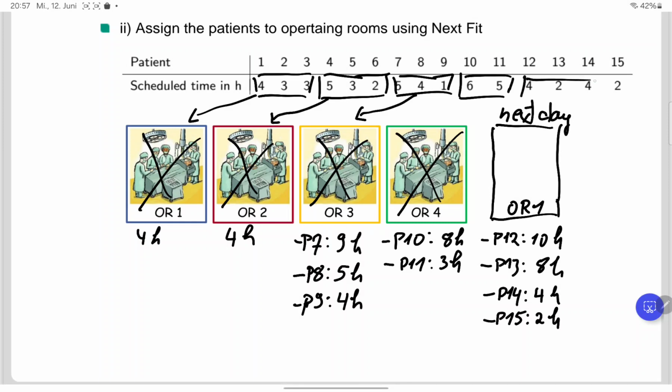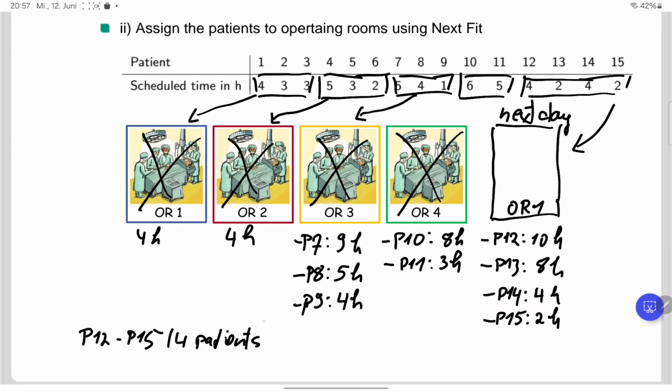Okay, so these are the patients who are assigned to the next day. So that means we have patients 12 till the last patient, so in total 4 patients.